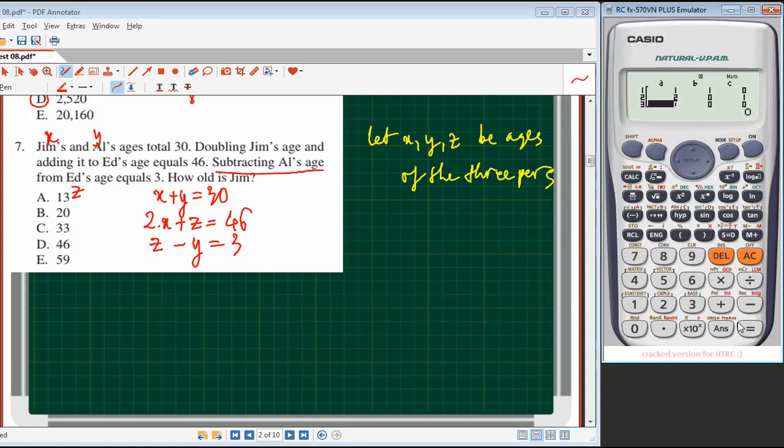Be careful with the third equation, that is 0 minus 1, number 1, and finally number 3, and we get S equal to 13. Asking about S, option A.